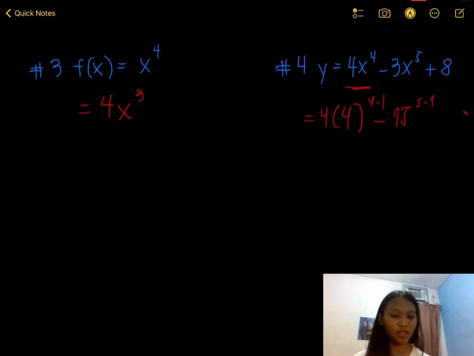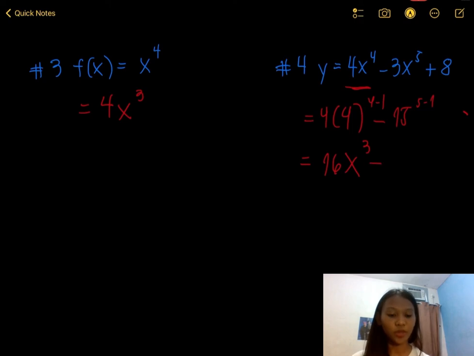And then since 8 is a constant, its derivative is equal to 0, so we can just remove it.